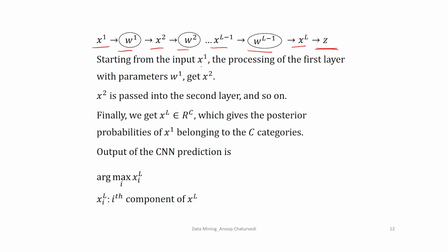So, starting from the input x1, the processing of the first layer with parameters w1 gets x2. Then x2 is passed into the second layer with parameters w2, and so on. And finally, you obtain XL belonging to RC, say, and this gives you the posterior probabilities of x1 belonging to C categories.